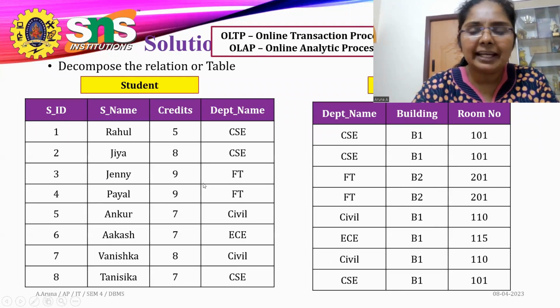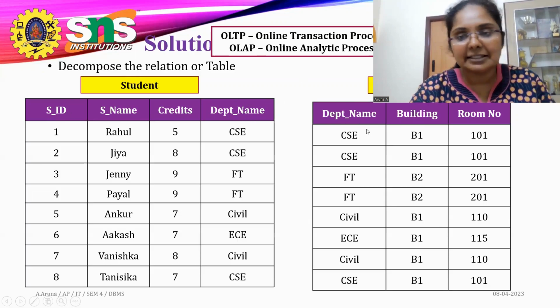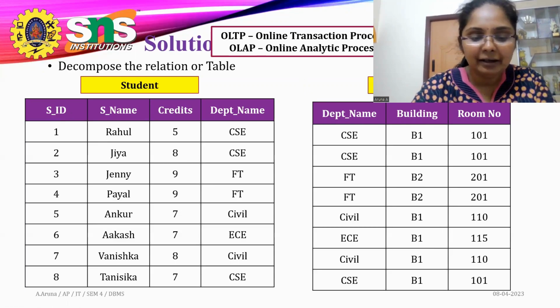How can we establish a relationship between these two tables? By using the primary key and the foreign key. Here I am setting department name as the primary key in the department table, so in the student table, department name acts as a foreign key, because the other one is a primary key. We can access it by using a foreign key.